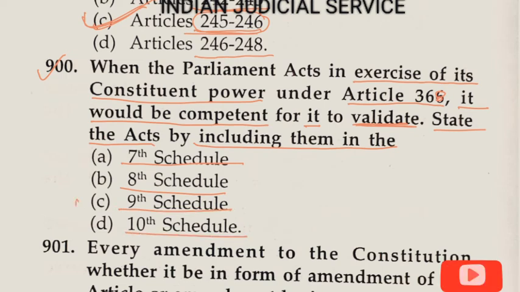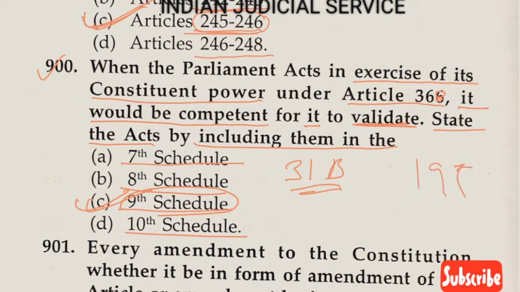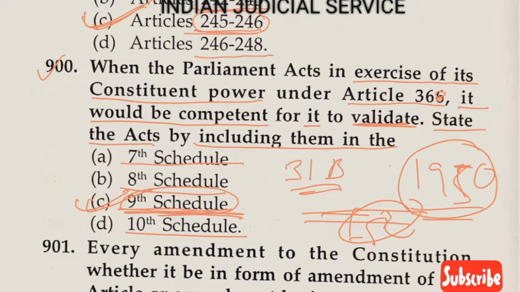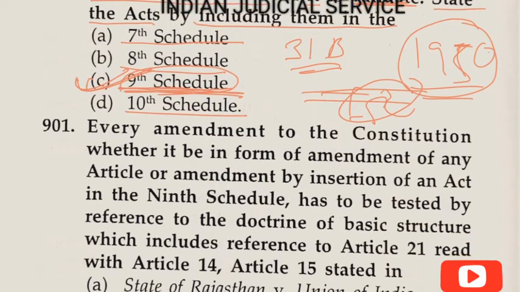Clearly the answer here is option C, 9th Schedule. The 9th Schedule relates to Article 31B, and it provided protection to the Land Reform Acts in 1950, and it also abolished the Zamindari system from India by the first amendment of the Constitution. It is related to the land reforms in different states. So the answer here is option C.